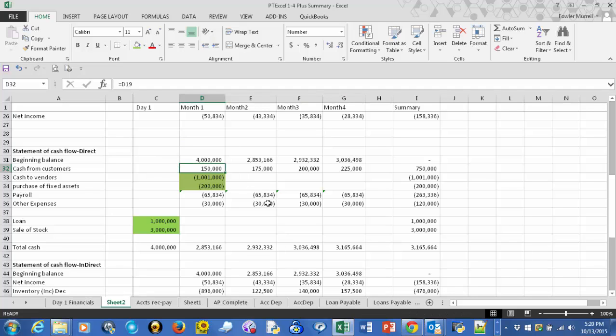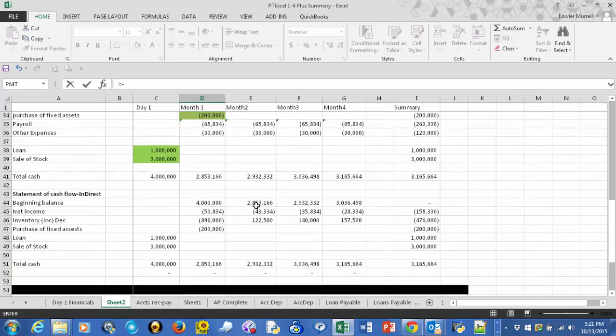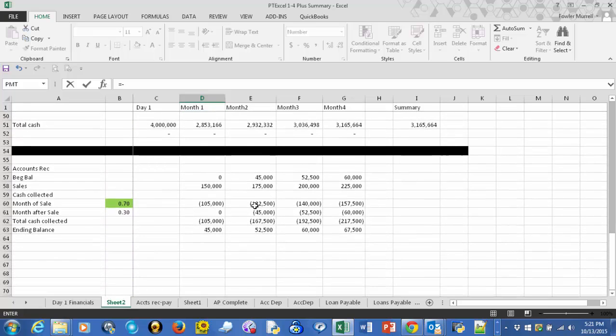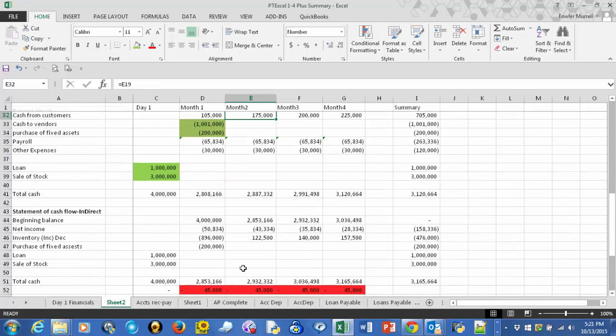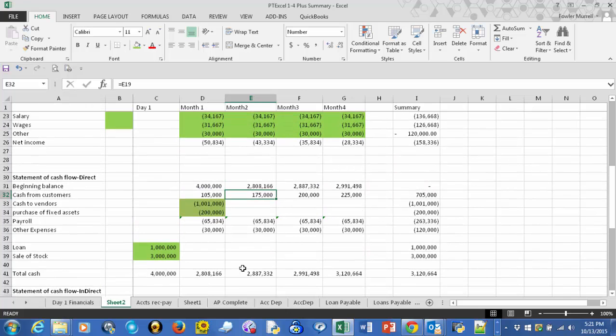Right? So we need to tie this to that 105. Make sure that it's a positive number. So we want to equal minus. Make sure you're taking it from the right place, which is total cash collected. That 105. Enter.